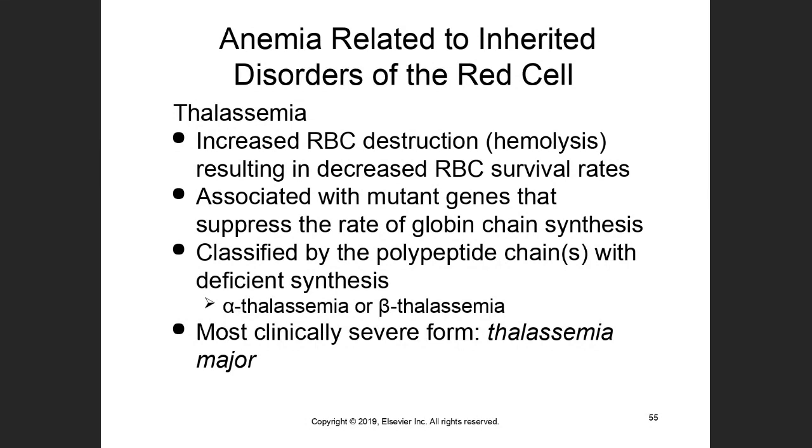If you have deficiency of the alpha, then you have alpha thalassemia, deficiency in the beta, then you have beta thalassemia. Those diseases are extremely common. Alpha in the Asian populations, Mediterranean. Beta is more common in the Mediterranean and, I think, Africa. Yes.